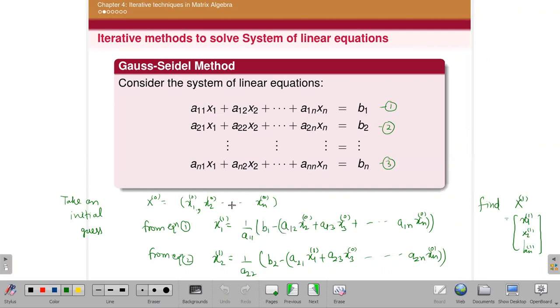If I write it in general form, if you want to find the k plus 1th iteration, I can write it as x1 k plus 1. This is in terms of the previous iteration, and here x2 k plus 1, then it will be k plus 1, the rest are the previous ones.